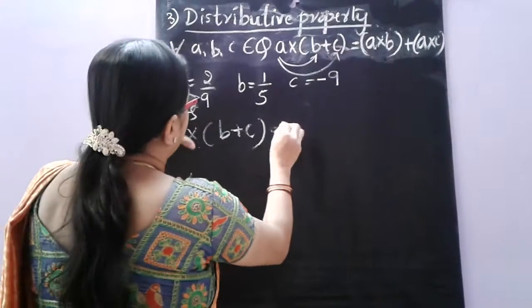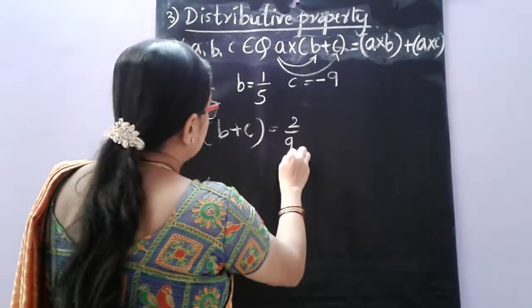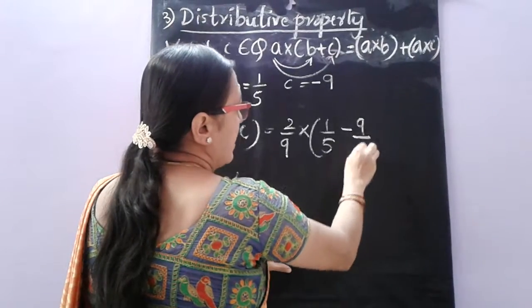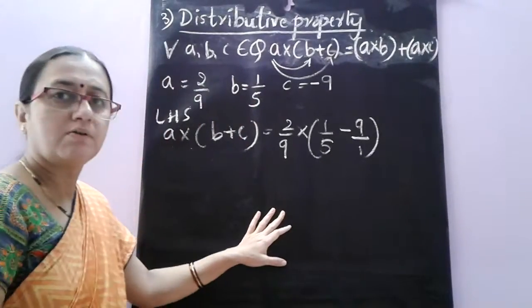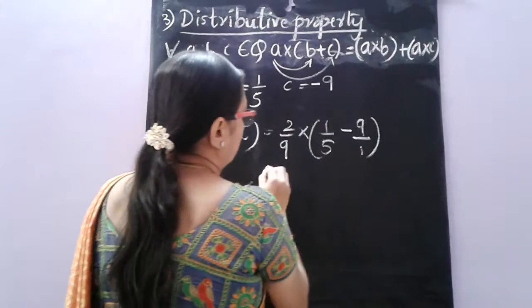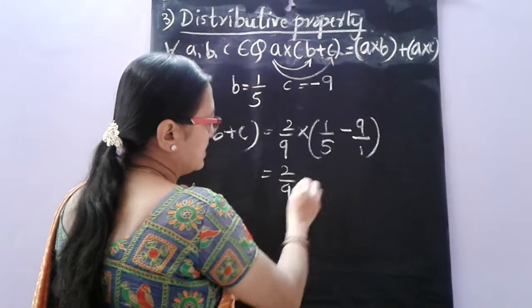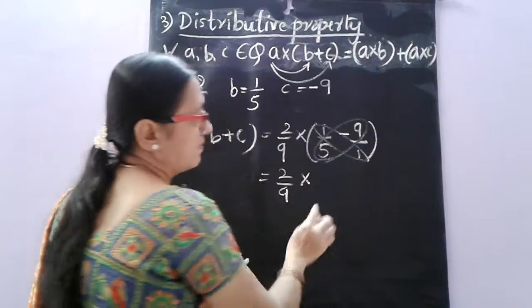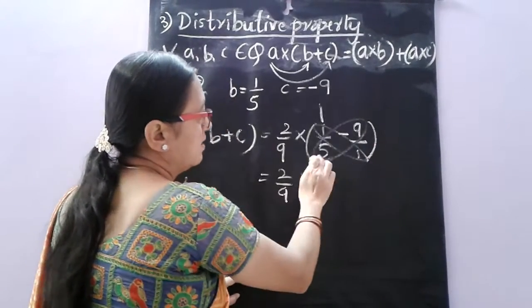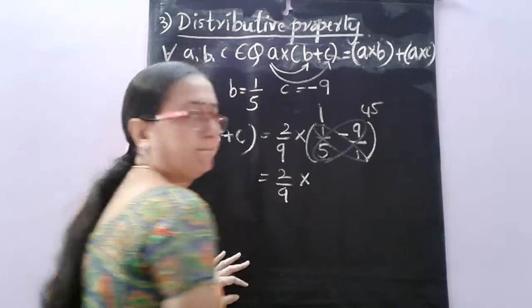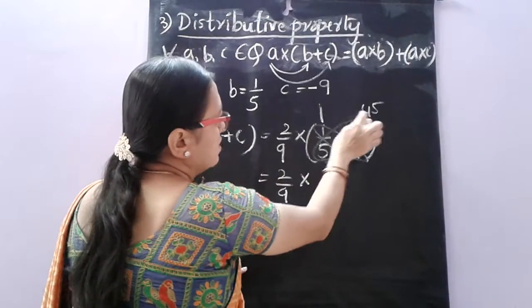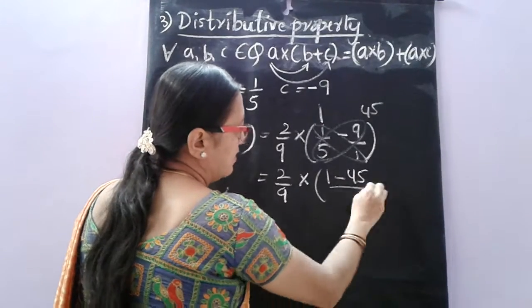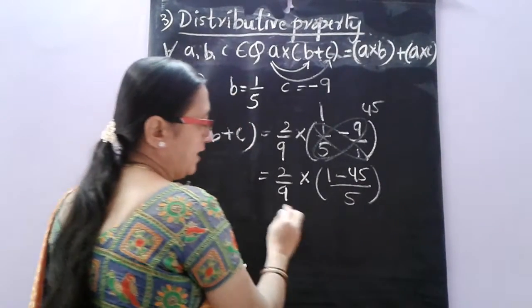Okay. So this is equal to 2 by 9 into 1 by 5 minus 9 by 1. Now this is 2 by 9 as it is into, butterfly, 1 1s are 1, 5 9s are 45. So 1 minus 45 divided by 5 1s are 5 here.